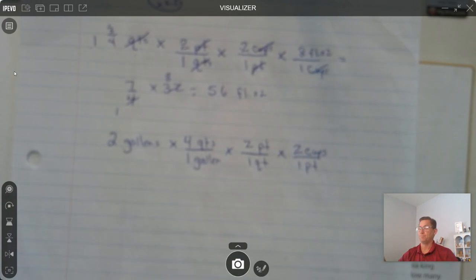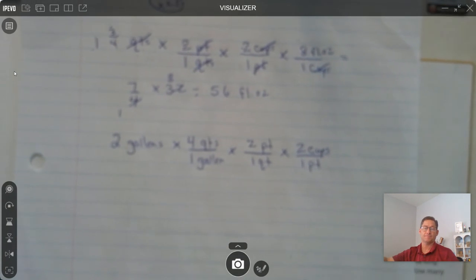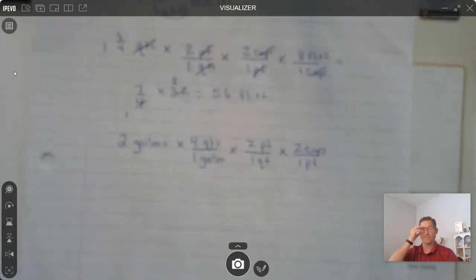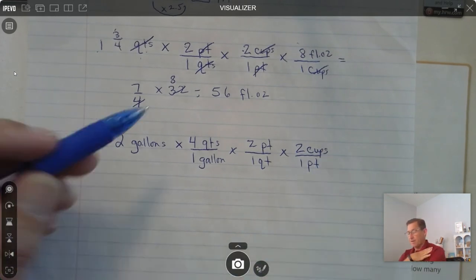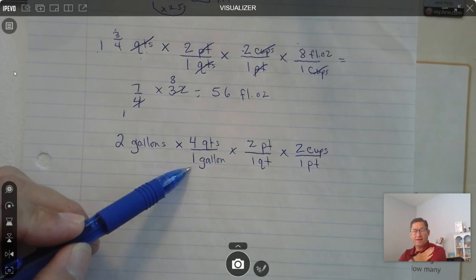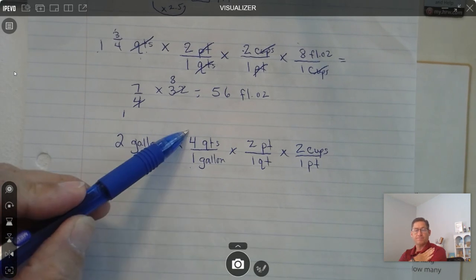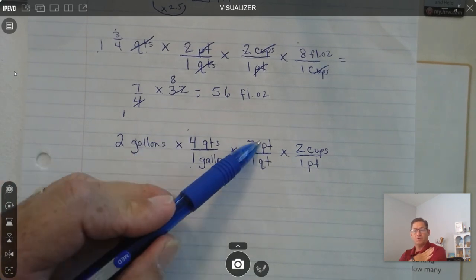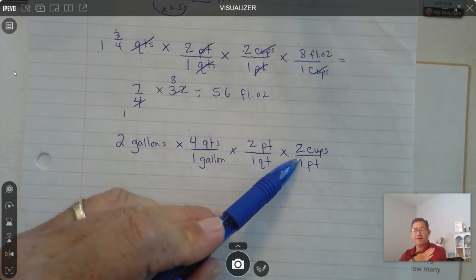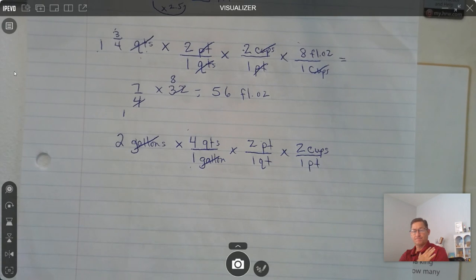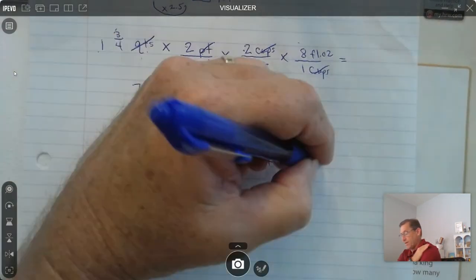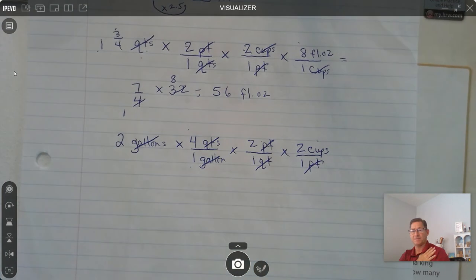Okay, so again, they told us to go from gallons to cups. So in every gallon, there are 4 quarts. And in every quart, there are 2 pints. And in every pint, there are 2 cups. So we can divide out the gallons. We can divide out the quarts. We can divide out the pints, leaving us cups.